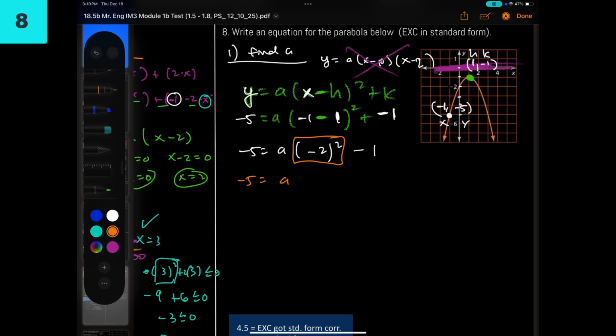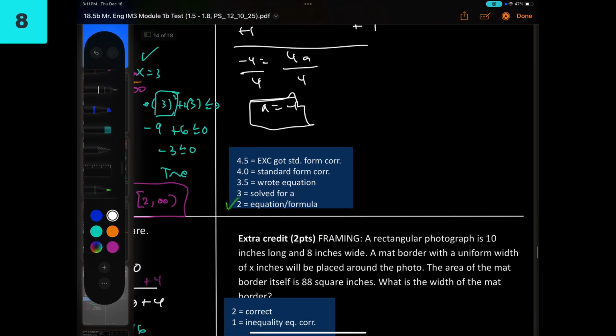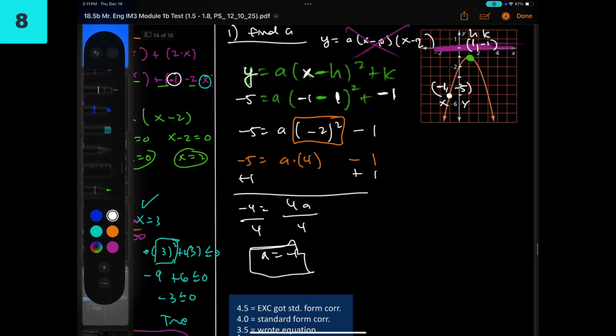This becomes 4. Now, a lot of students did 4 minus 3, which is wrong. You have multiplication here, so you're actually just going to add. So -4 divided by 4, a equals -1. And that makes sense because your graph is opening down. So if you got to that point, then I gave you 3 out of 4.